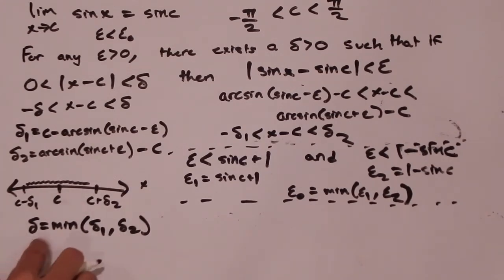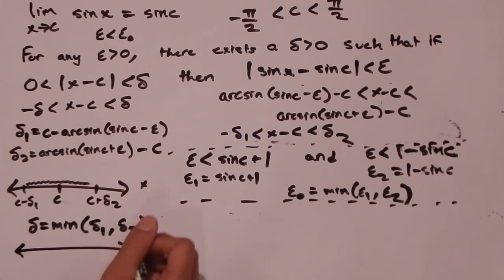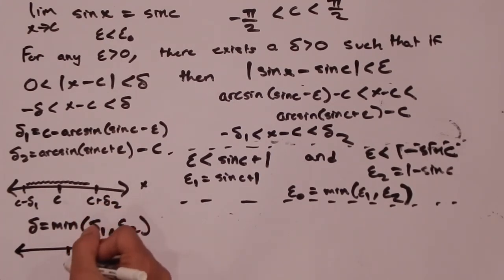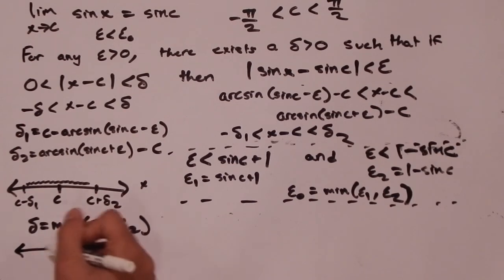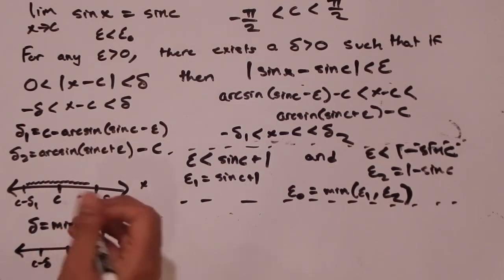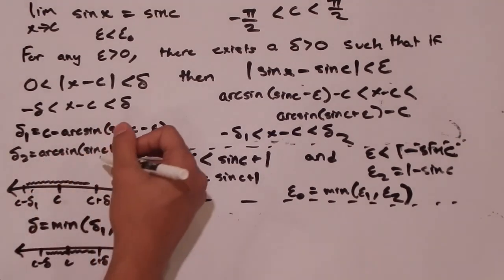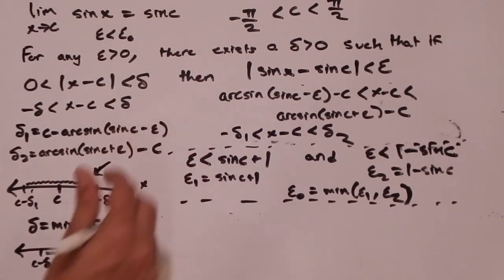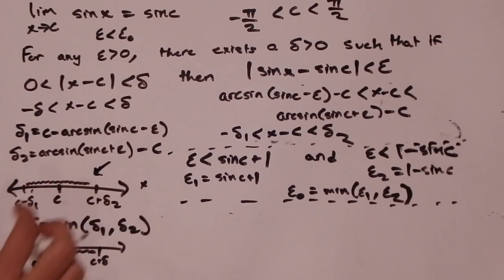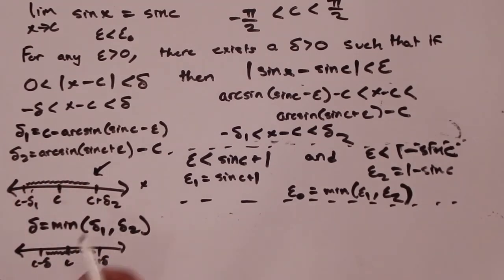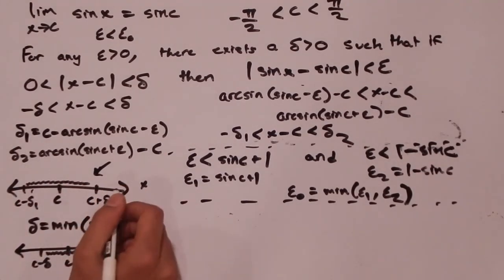So delta is going to be the minimum of those two, and what ends up happening is if we define our interval to be c minus delta to c plus delta, now all the values in here are also in this interval with delta 1 and delta 2. This interval right here will be a subset of this one, because let's say delta 2 was bigger, just for the sake of argument.